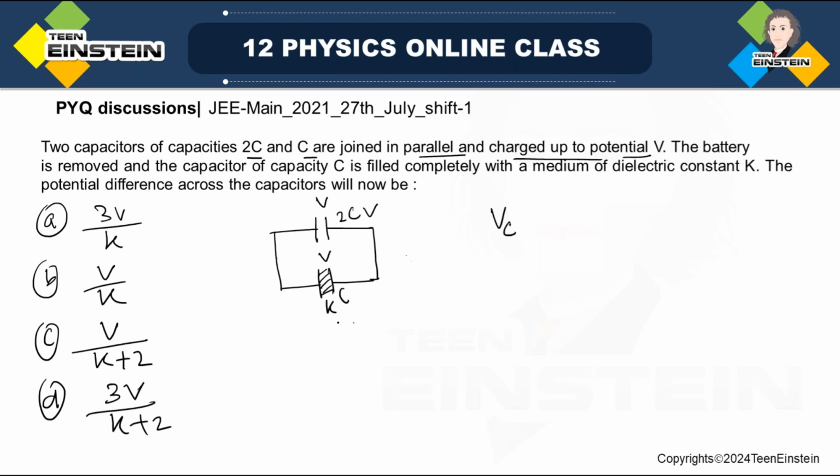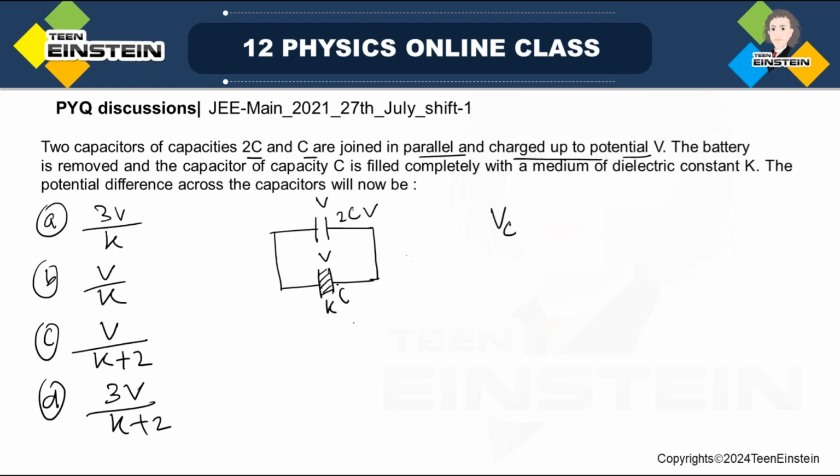So dear students, for this kind of combination, what we see is that when the external battery is removed, what is going to be constant here is the charge. Total charge remains constant, whatever it may be. So what is the charge?